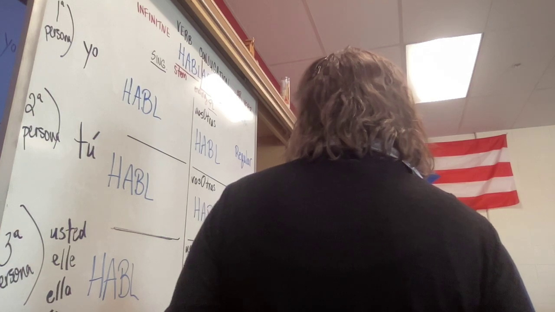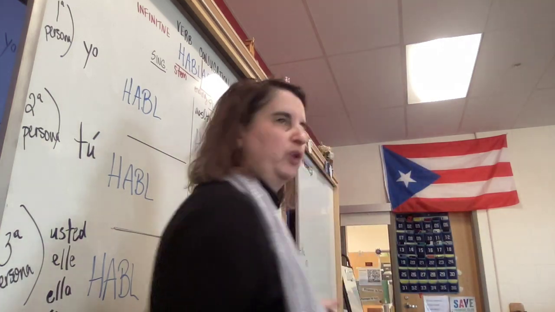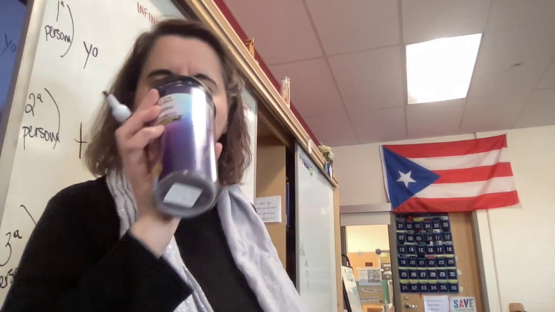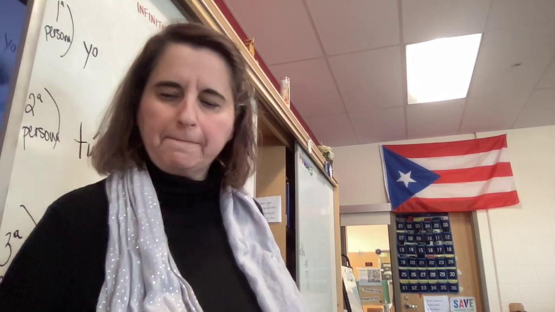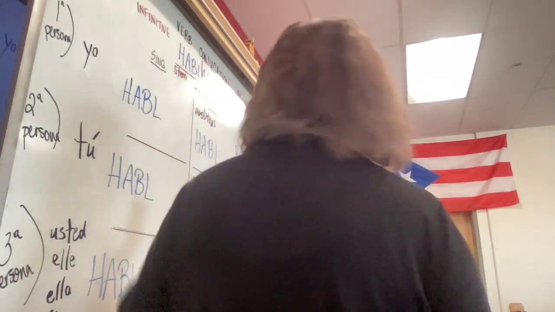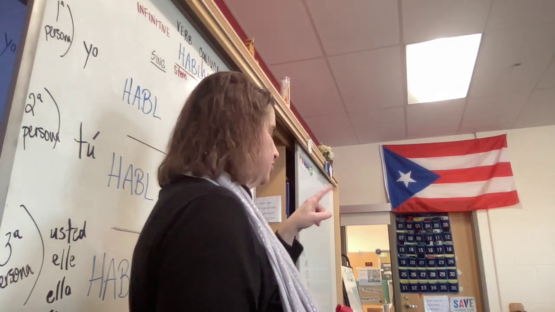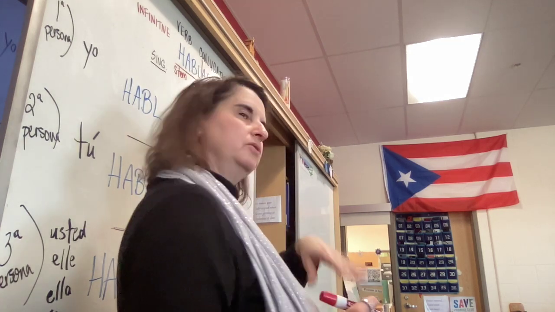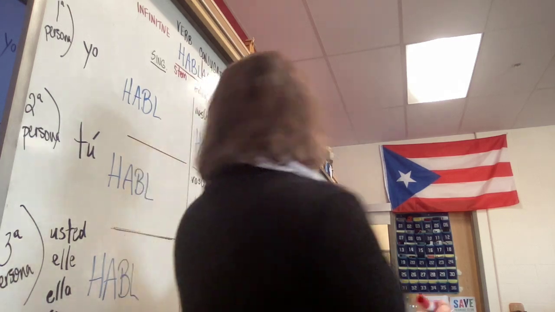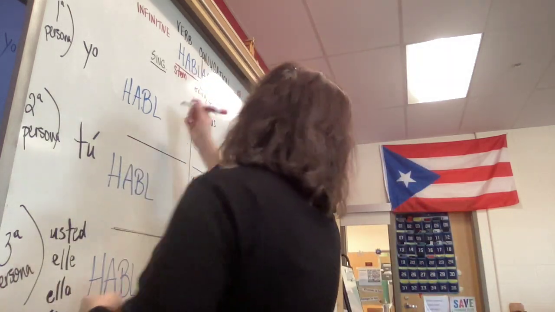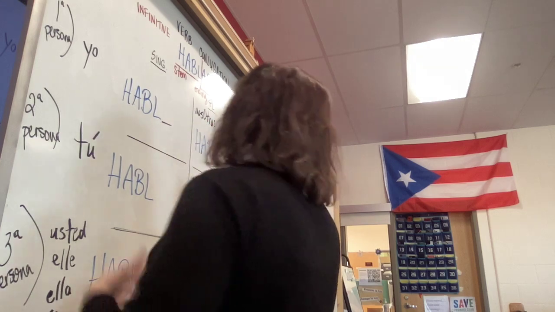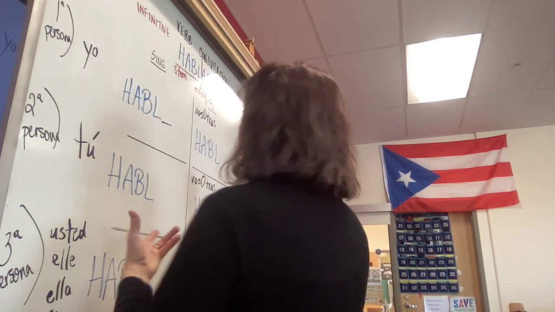Okay, so this is how verbs work in Spanish. Each one has a different ending, very different from English. English, we only have the one change. He walks, all the other times is walk, right? Okay. For the yo form, the yo form is special. It does its own thing.